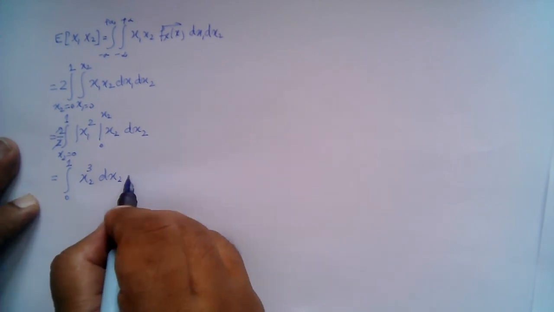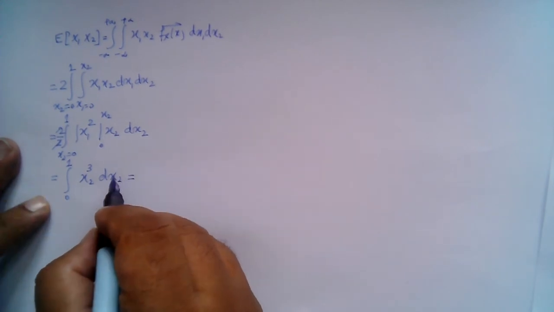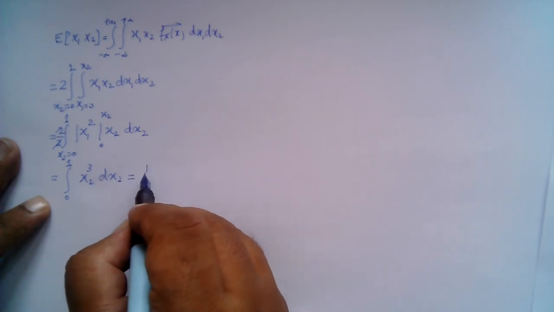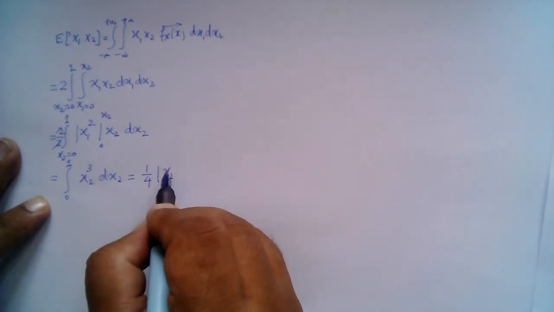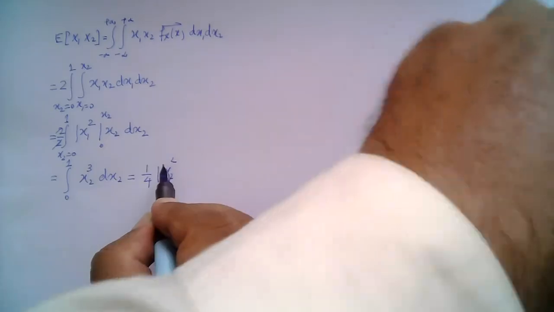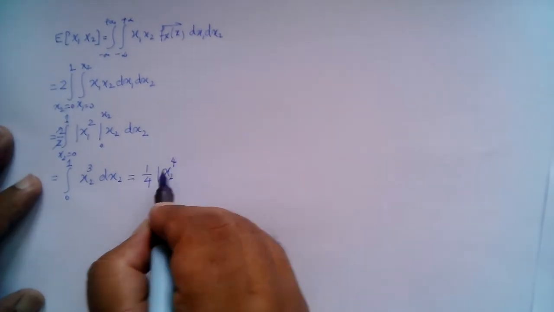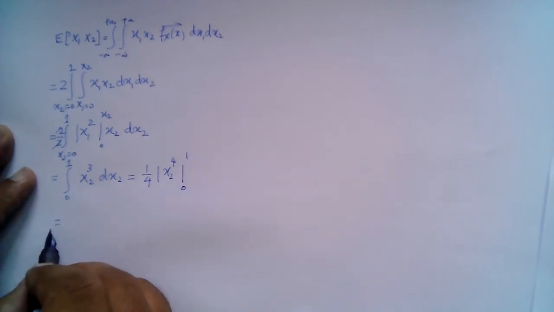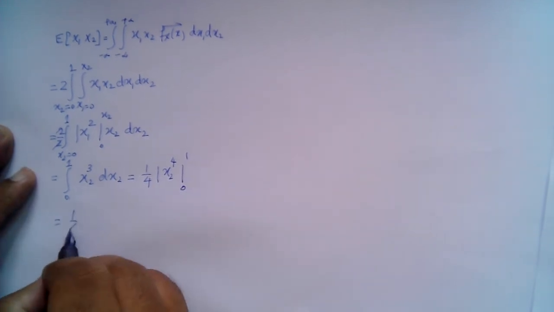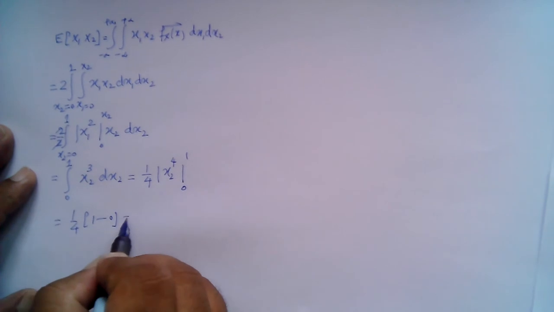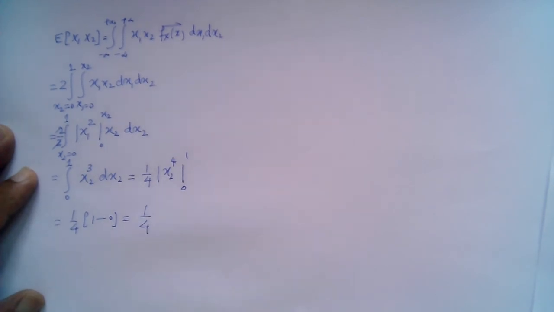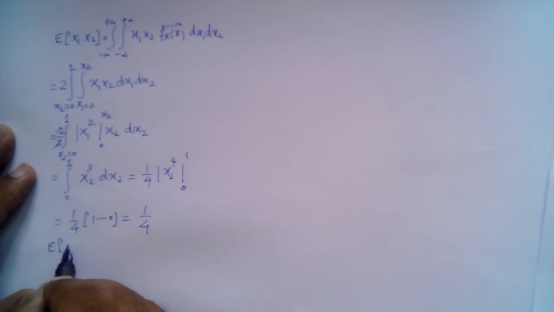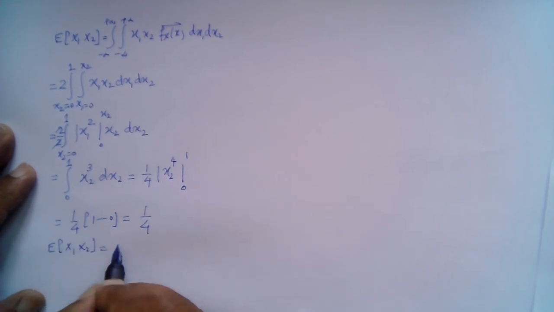So this will be basically x2 raised to the power 4 over 4, so 1 over 4 x2 raised to the power 4 with limits 0 to 1. That will be 1 over 4 into 1 minus 0, so that is 1 over 4. So expected value of x1 x2 is 1 over 4.